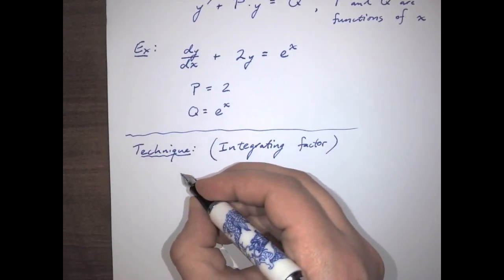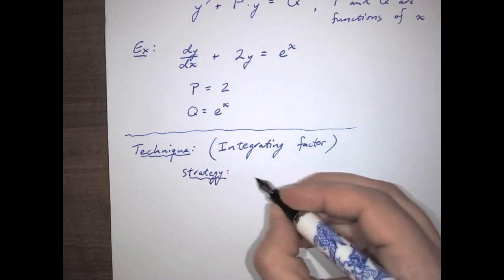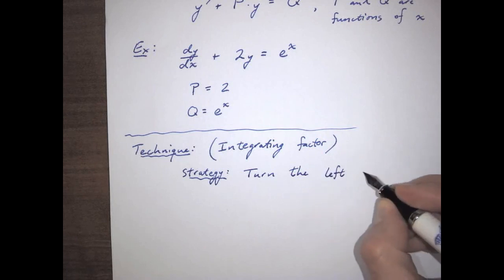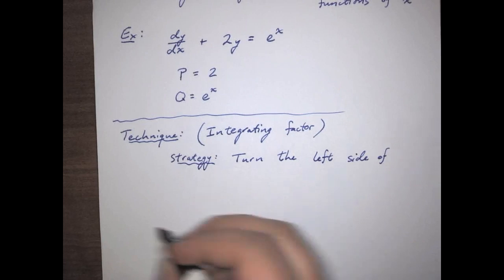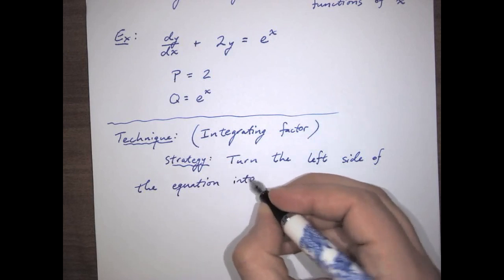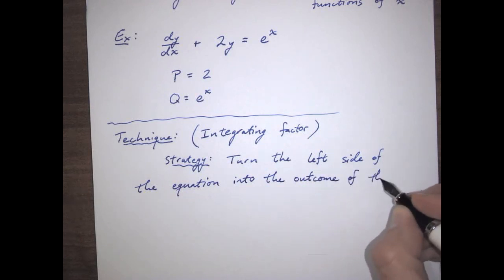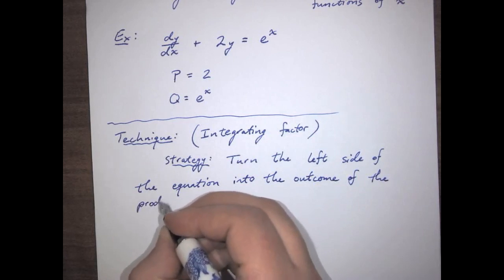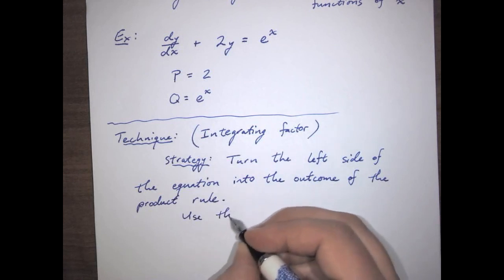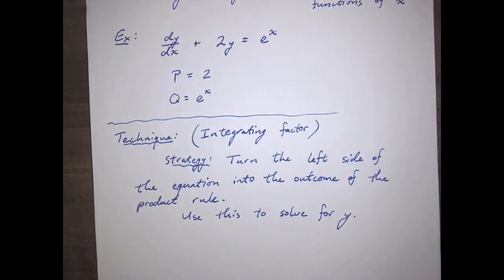So the philosophy, or the strategy, the idea: turn the left side of the equation into the outcome of the product rule, and then use this to solve for y.